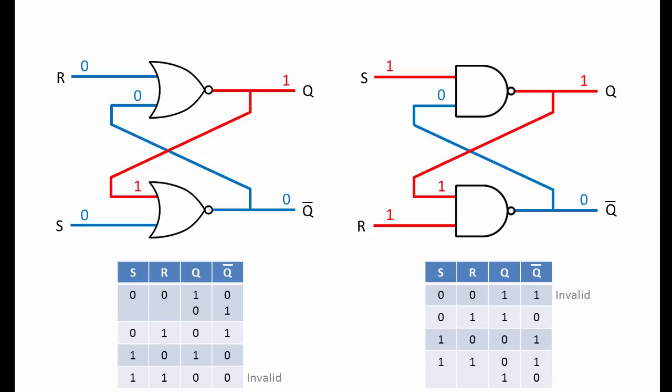Both types of latch do the same job, but they're just controlled in a slightly different way. The NOR gate-based SR latch is set or reset with high logic. That is, it is an active high SR latch. The NAND gate SR latch, on the other hand, is set or reset with low logic. That is, it's an active low SR latch.